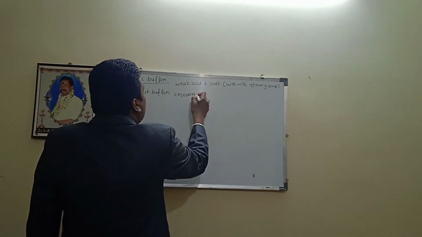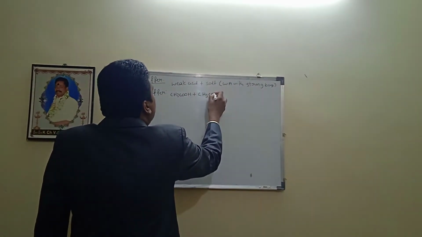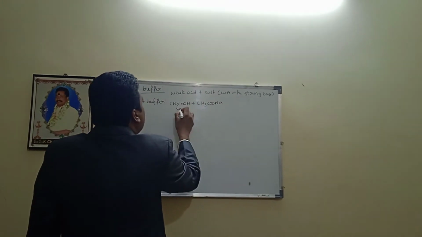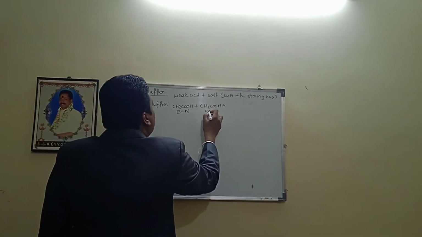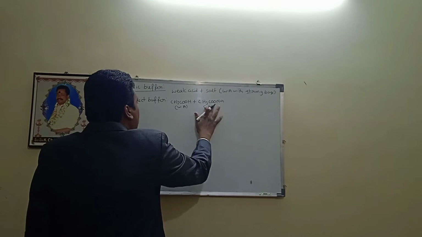Direct buffer, examples: CH3COOH plus CH3COONa. So this is the weak acid and the other one is the salt of the strong base.